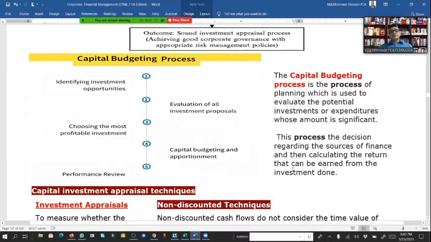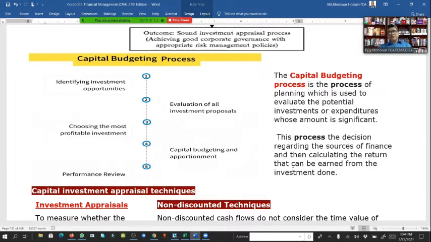Before choosing, we have to analyze and determine which project to take, based on different techniques: NPV, IRR, PI, that means profitability index, modified IRR, payback period, discounted payback period, etc.